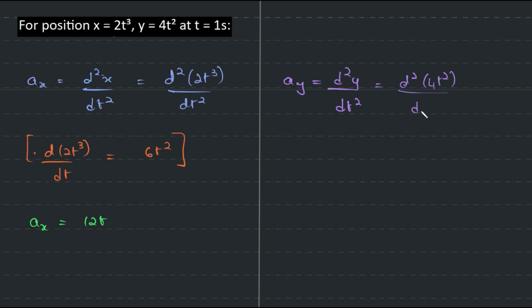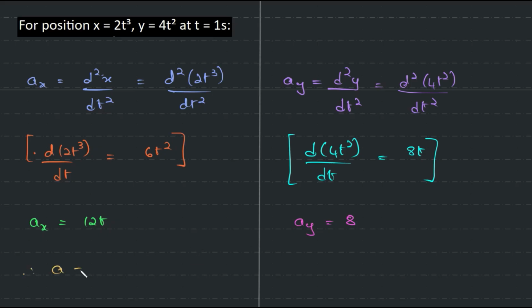If you're able to do the double differentiation in your head, well and good. You can go with that. But I'm just showing step by step. So when we differentiate this expression the first time, we'll get 8t. And double derivative of this is 8.